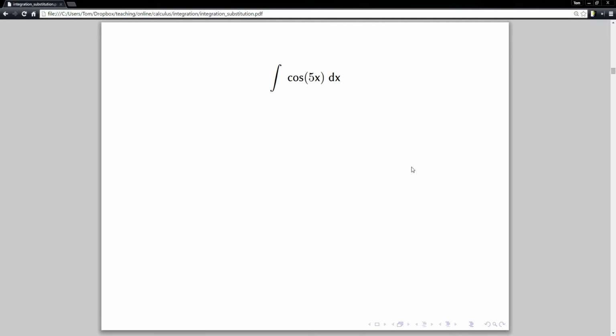I usually call this method the guess and check method. I'm going to guess, well, the integral of cosine x was sine of x, so why wouldn't the integral of cosine of 5x be sine of 5x plus some constant c?